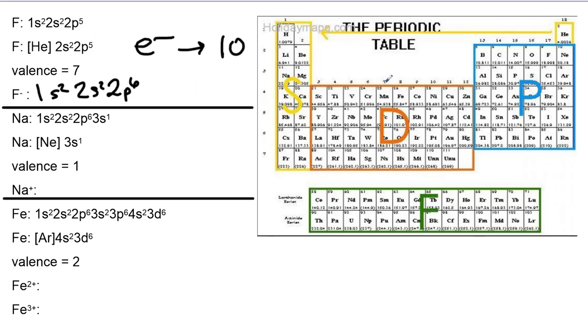You'll also notice, hopefully, that when you go from fluorine and you add 1 electron, it now has a configuration like a noble gas. So you could also write this in shorthand as simply neon in brackets. Whenever we have things forming ions, they're going to become like noble gases.